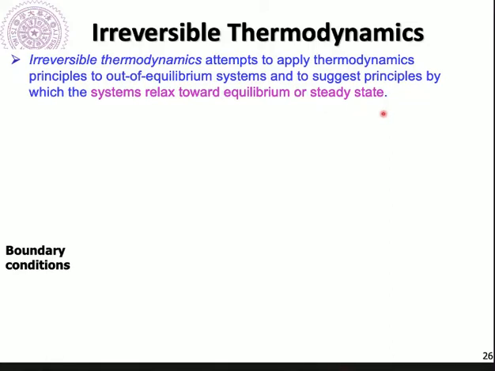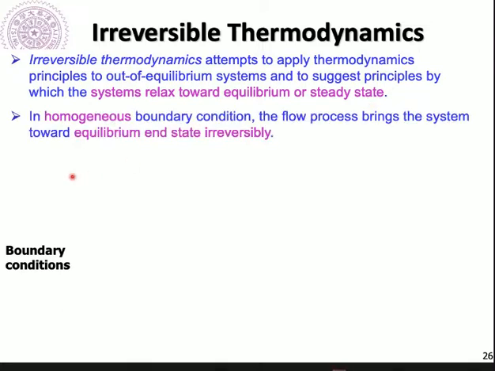So let's make this simple. We need to expect or estimate whether our system will go to either the equilibrium state or a steady state. Are there any ways to predict that?